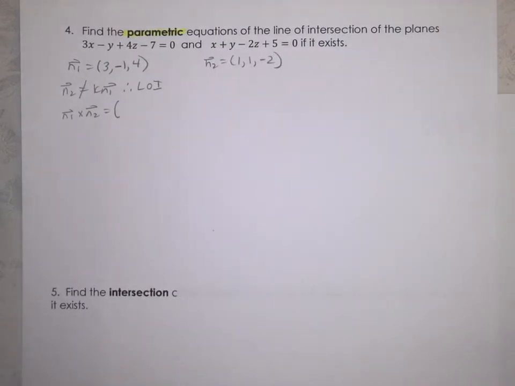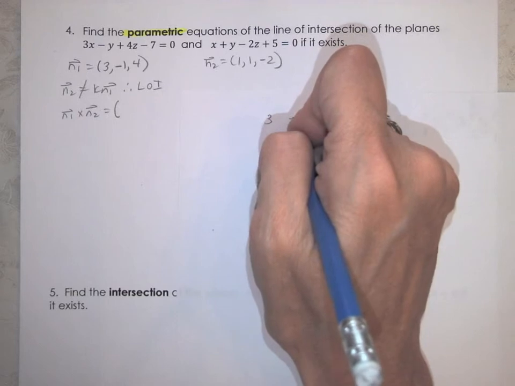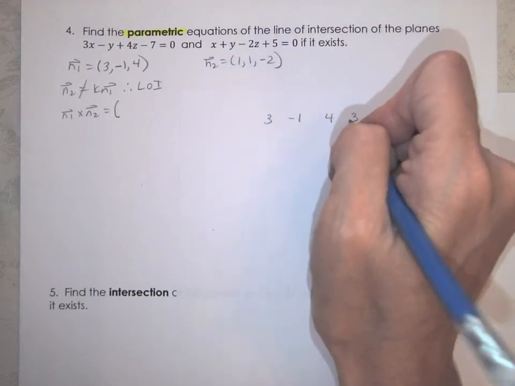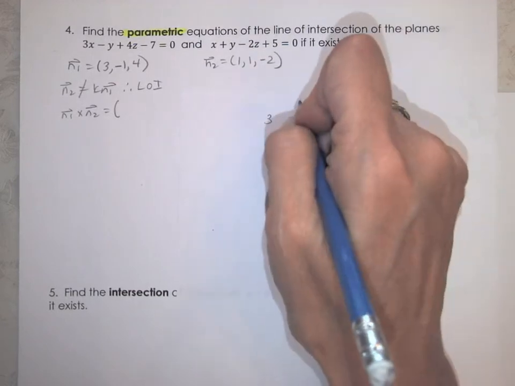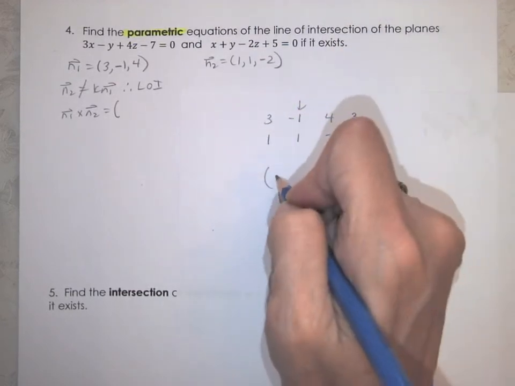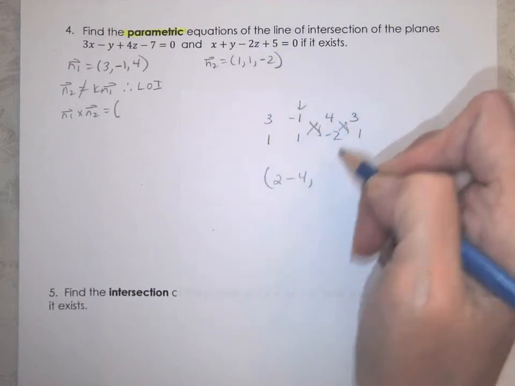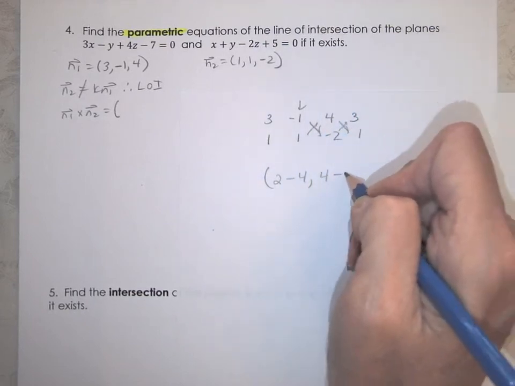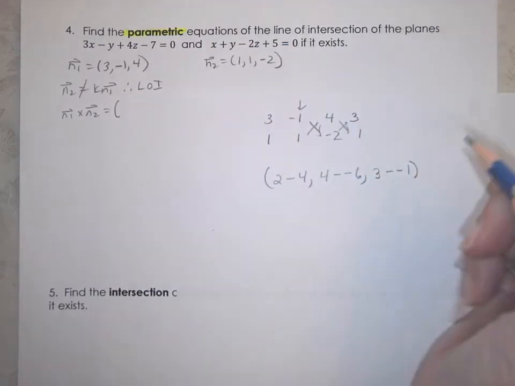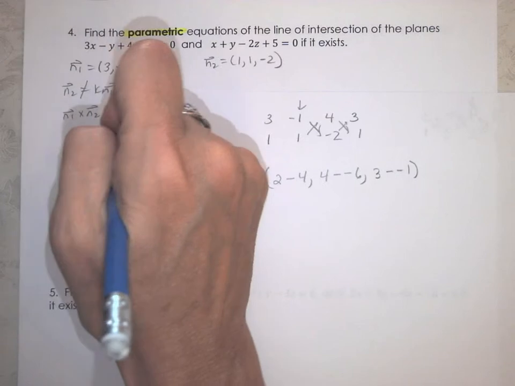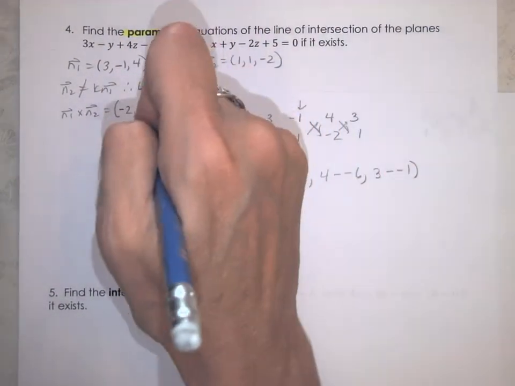So I'll do that on scrap paper. So 3, -1, 4, repeat the 3, 1, 1, -2, repeat the 1. So we're going to have 2 minus 4, 4 minus -6, and 3 minus -1, which is going to give us -2, 10, 4.